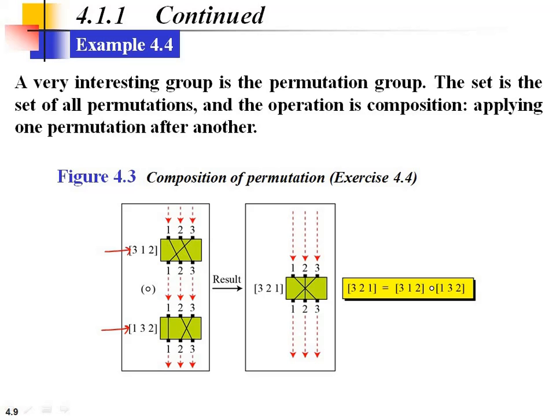The associative property is also defined. The commutative property is not satisfied, which you can check. The set has an identity element, which means no permutation, and each element has an inverse also. That inverse can be found using the identity element.